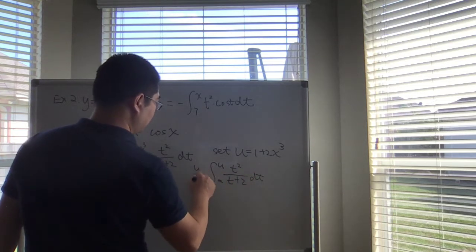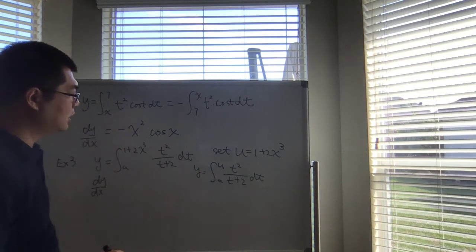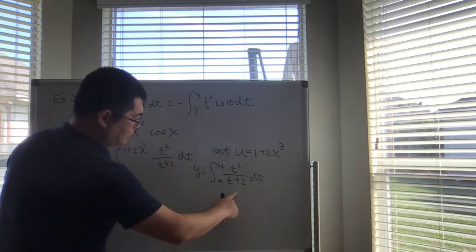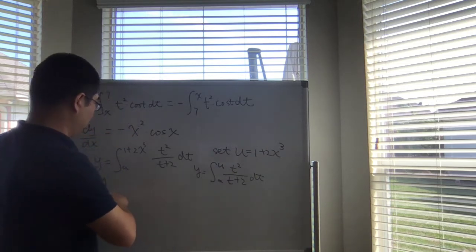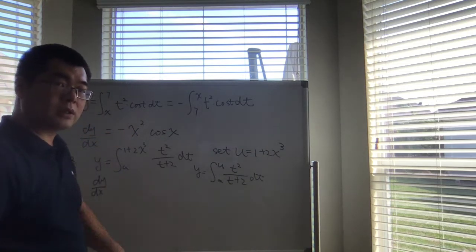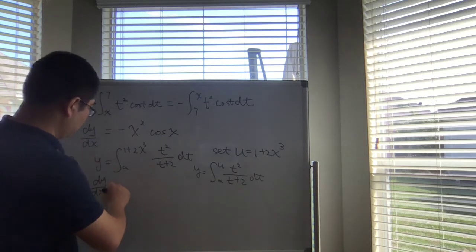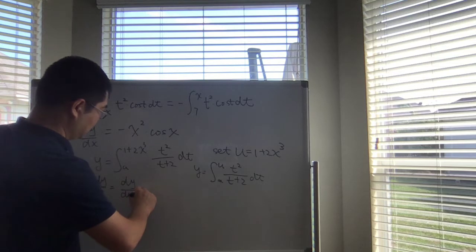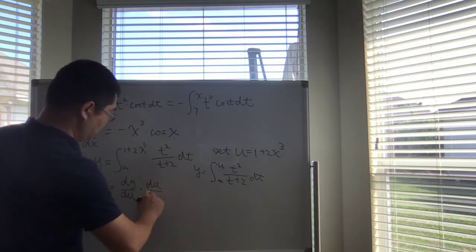This is our y here. And you see that, for this piece, to get dy/dx, I'm actually going to use the chain rule. So I have to do dy/du first, and then times du/dx.